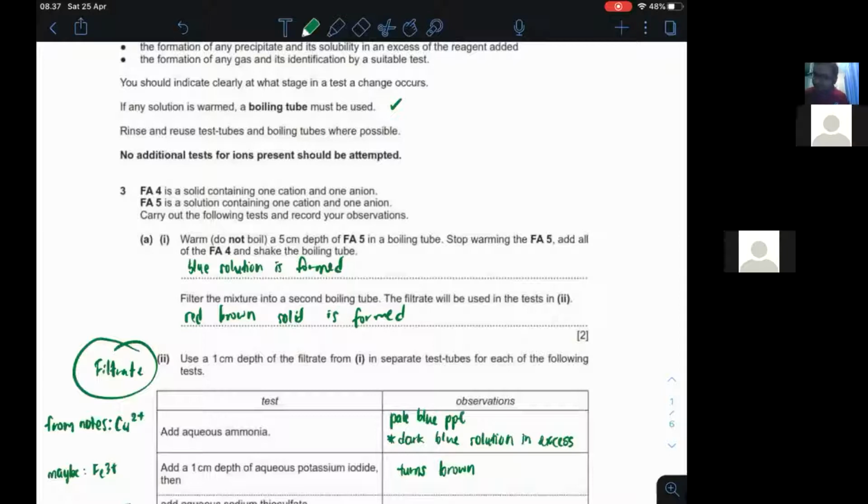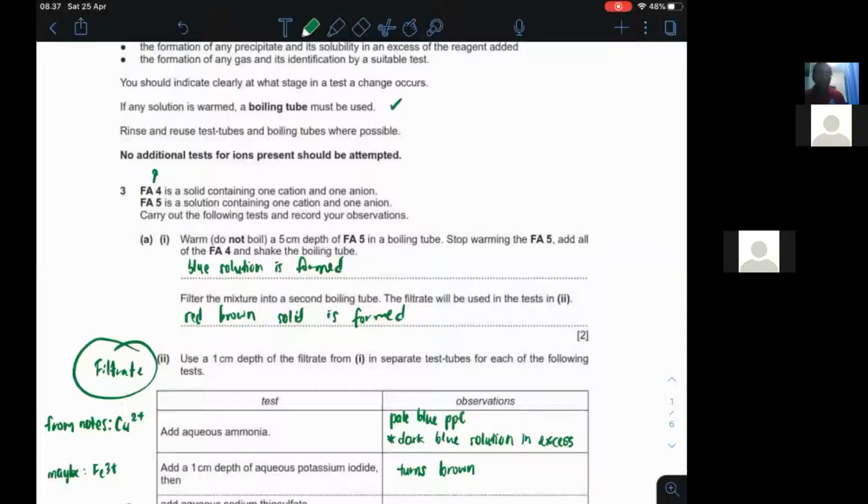Let's say when you have FA4, they have mentioned FA4 is a solid, but it contains one cation and one anion. And then FA5 is a solution containing one cation and anion. So even though FA4, when you look at it, is visible maybe in powder form, it doesn't actually indicate that this powder is going to be metal, because they already mentioned that it contains cation and anion.